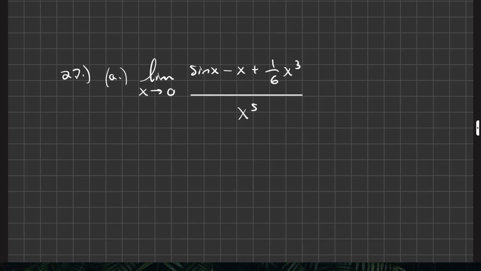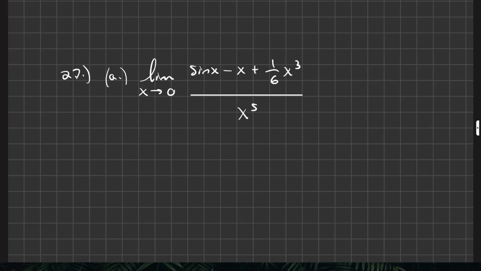Okay, so the goal is just, we like polynomials. These are very easy to find the limits of. We don't want the sine x, but I know that I can express the sine of x in some way that it has polynomial terms, and that's with the Taylor series. So that's the whole goal of this.